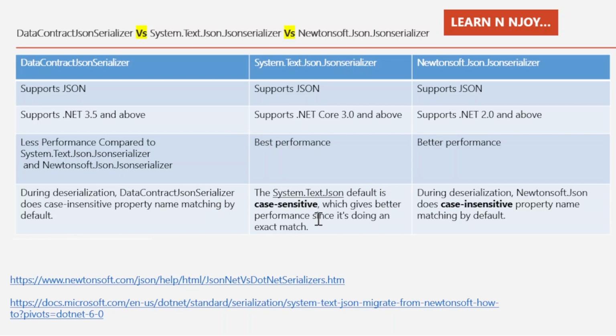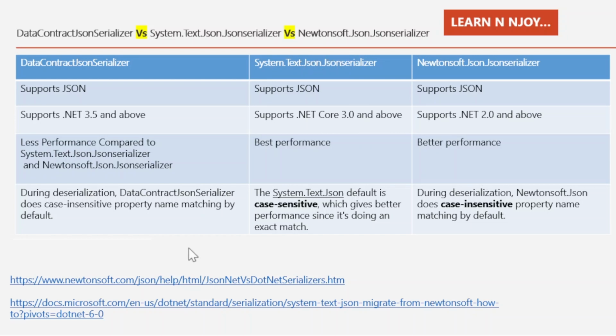gives better performance since it's doing an exact match. Whereas Newtonsoft.Json.JsonSerializer during deserialization does support case-insensitive property name matching by default. So it has less performance compared to the JSON serializer of System.Text.Json.